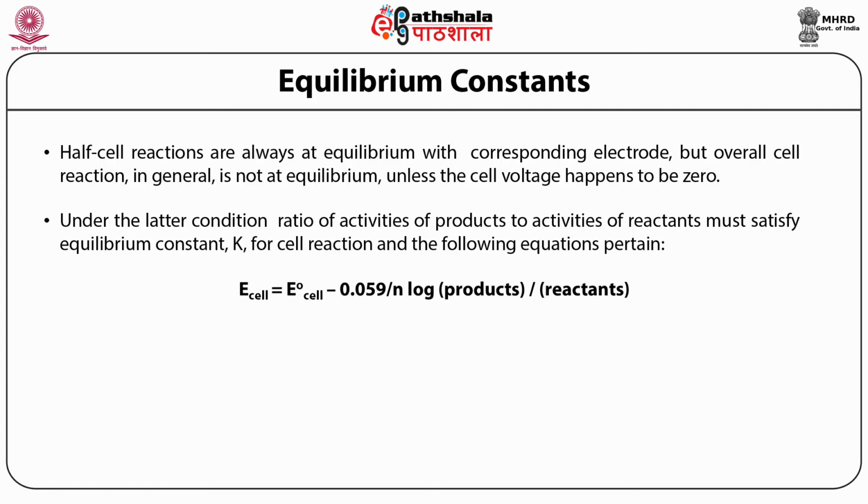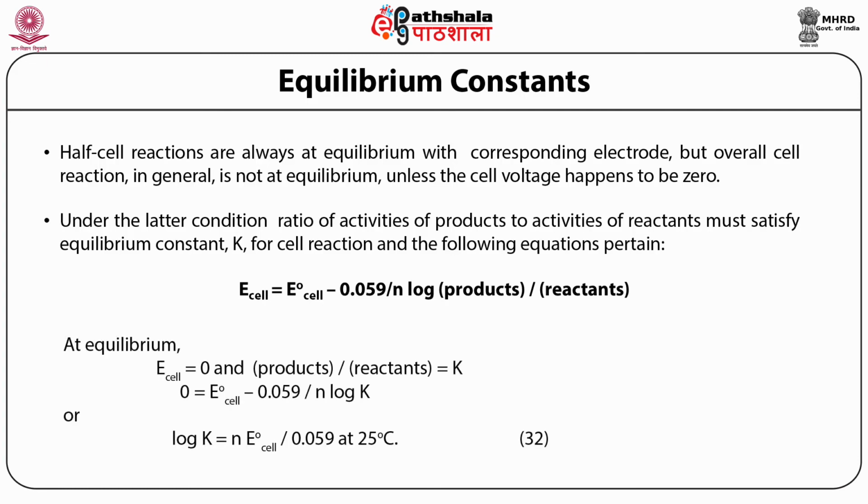A very important relation which will apply here, and here the equilibrium constant is the factor which should be applied. If we solve it, then it comes to log K is equal to n E0 cell upon 0.059 at 25 degrees centigrade, where E0 cell and K must correspond to the same reaction.